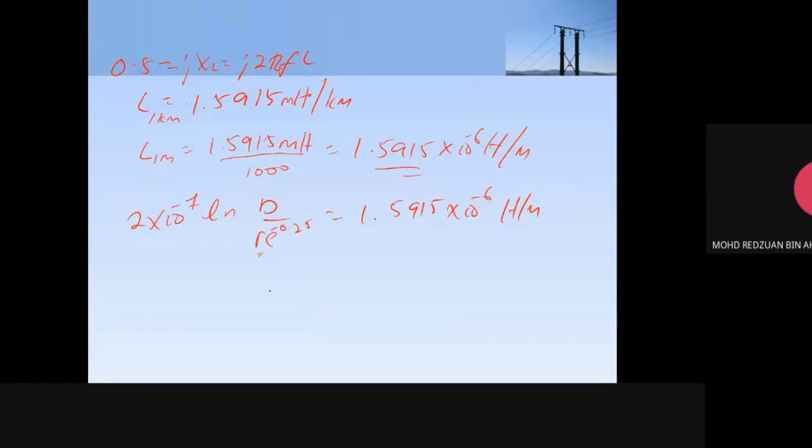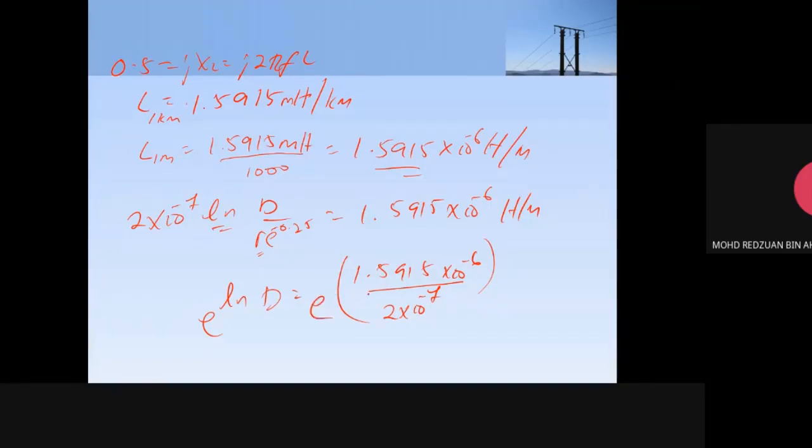Just put D equal to this value divided by this one, 1.5915 times 10 to the minus 6 divided by 2 times 10 to the minus 7. To eliminate this ln, we just put an exponent on both sides.